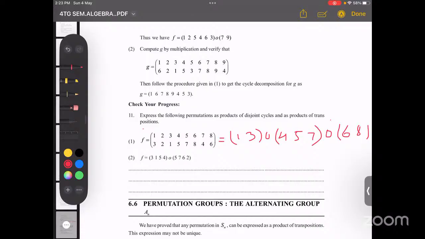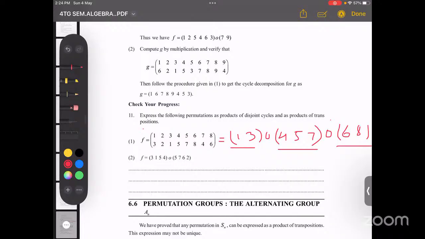Okay. So 1, 2 is identical. 3 we got 4, 5, 6, 7, 8. Okay. So these are the disjoint cycles. Disjoint means no two cycles should have common elements. So in this we have 1, 3. Here 4, 5, 7 and here we have 6, 8. Okay.